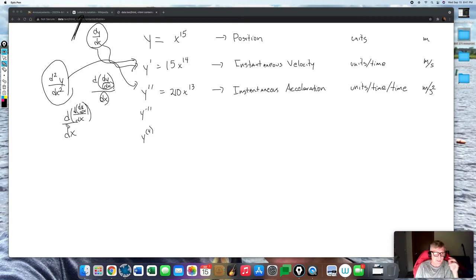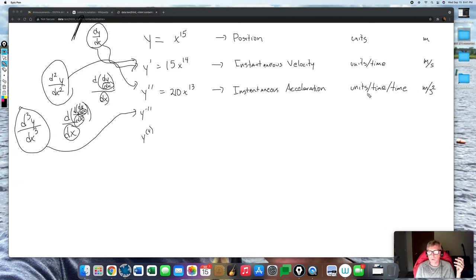Wow. So up top you'd have 1, 2, 3 d's, right? And on the bottom you'd have 1, 2, 3 dx's. So that would be the Leibniz notation for the third derivative, if you needed it, right?